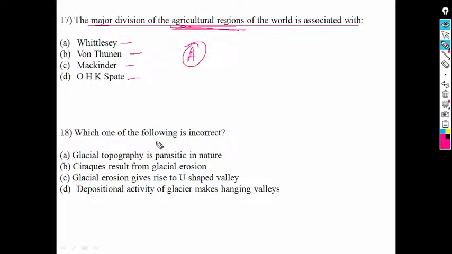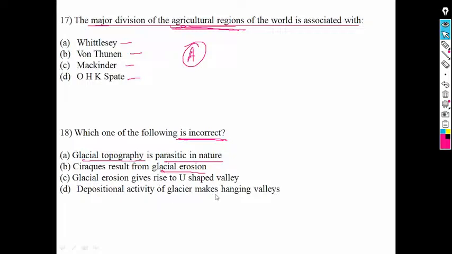Next, which one of the following is incorrect? Glacial topography is parasitic in nature. Cirques result from the glacial erosion. Glacial erosion gives rise to U-shaped valley.